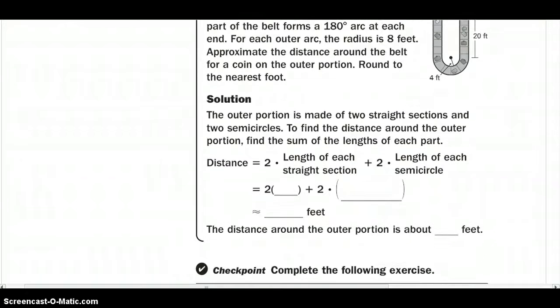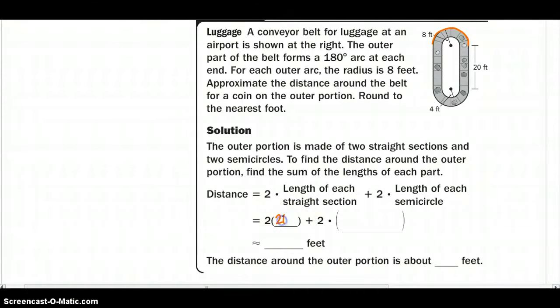So we know that the straight edge is 20 on both sides, so we can automatically find that to be 40, plus 2 times, we know we have a semicircle, so we're going to take half of its circumference, 2 pi times our radius, which is 8. So 1/2 times 16 pi, which would go to 8 pi.